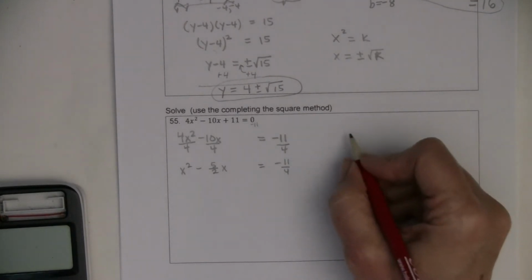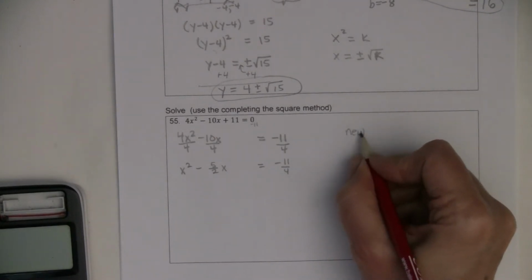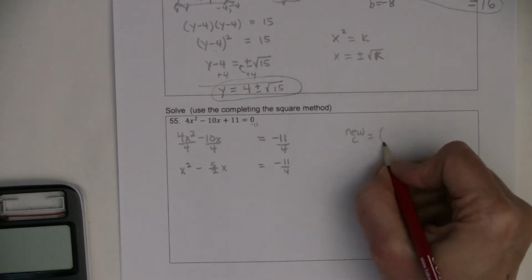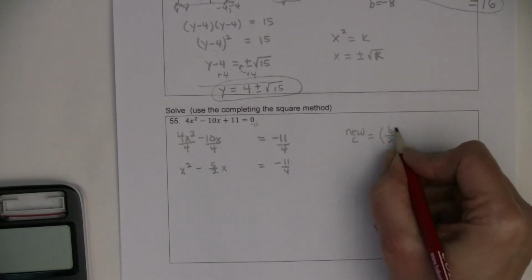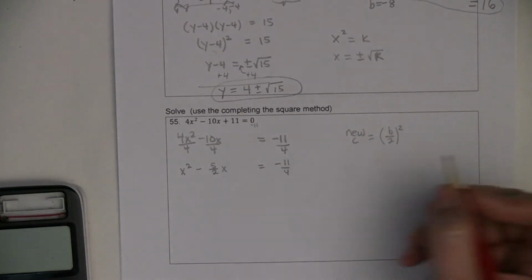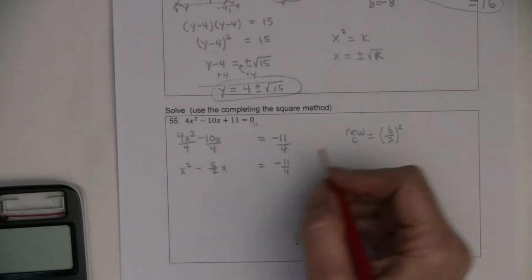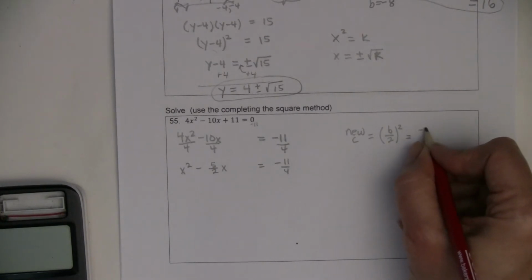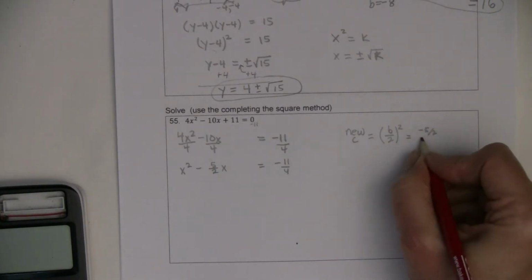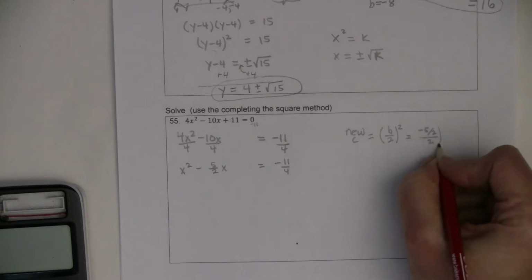Then you have to find the new c, and there's a formula for the new c. The new c equals b squared divided by 2 squared. In this case, our b is negative 5 halves. So this is negative 5 halves divided by 2, quantity squared.